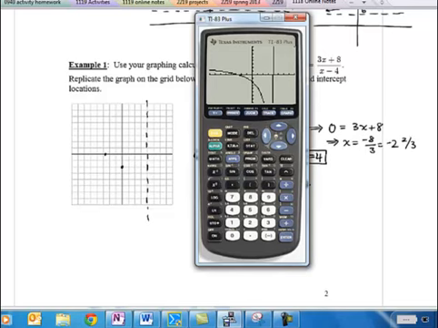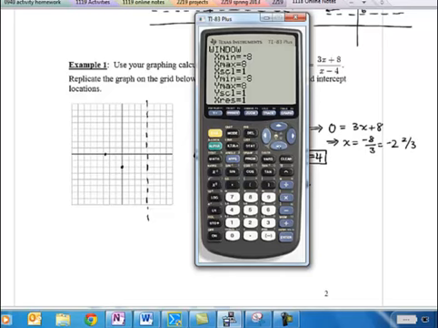Alright, and it looks like we see this branch coming down through quadrants 2, and then a little bit in 3, and then into quadrant 4. And it looks like we can't see what's going on to the right of x equals 4 in this window. So let's try to make the y's a little bigger. Expand this.